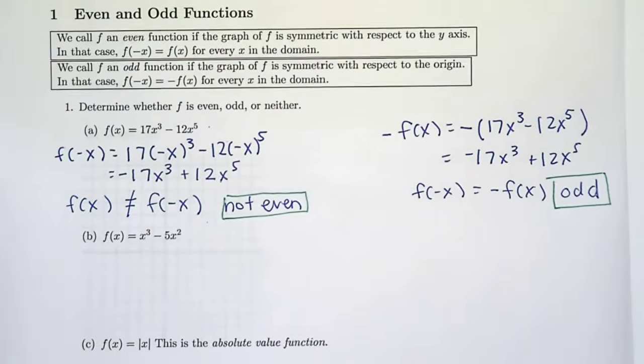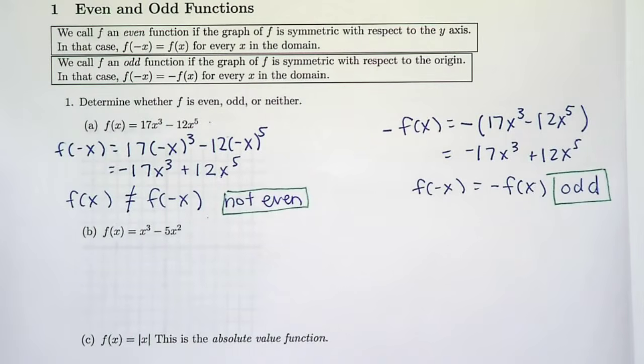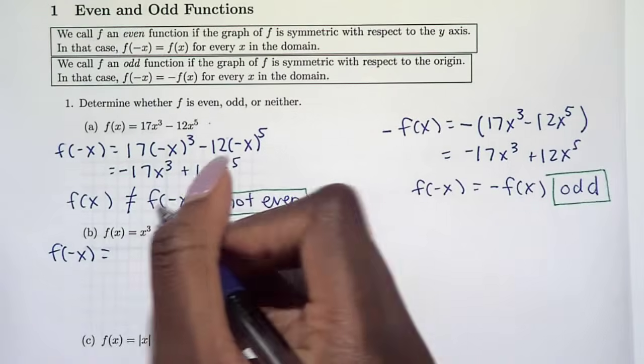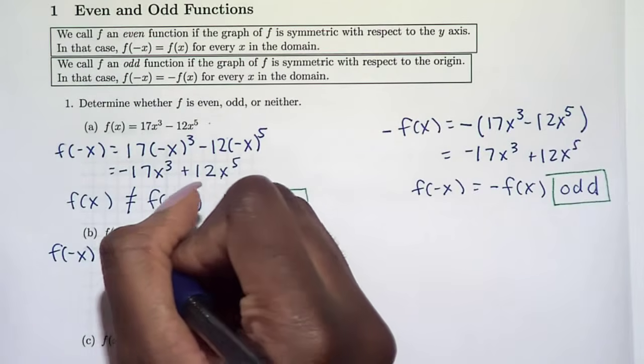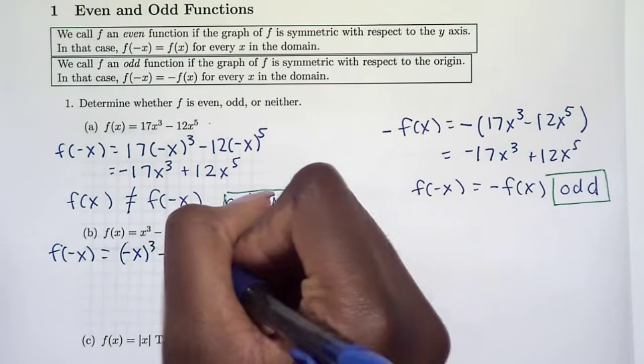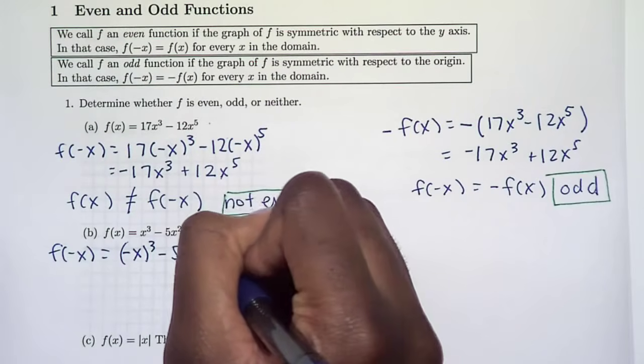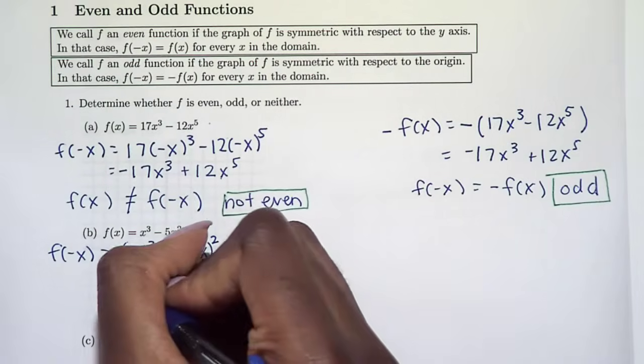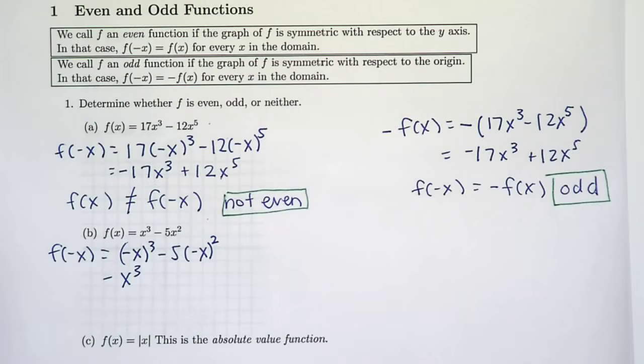All right, let's do the same thing for part B. Let's check for even, which means we have to find f of negative x. So we're replacing x with negative x. We have something negative raised to an odd power. That means we can just take the negative out and we'll have the same answer.